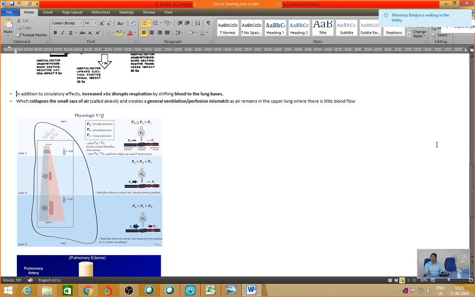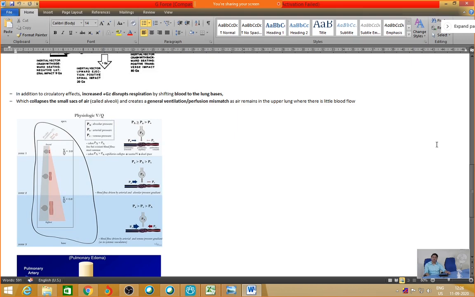That means the most ideal situation in which the lungs can easily oxygenate or deoxygenate is when there is a matching in the amount of blood flow and the amount of ventilation occurring in a particular segment of the lung. Generally, the upper part of the lung, the apex, has more air and less blood, and the base has less air and more blood flow.